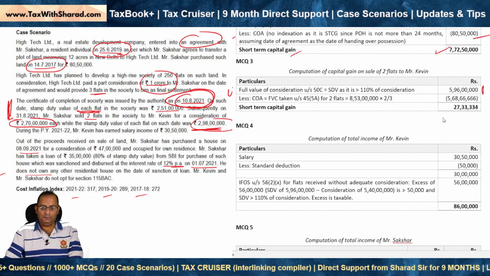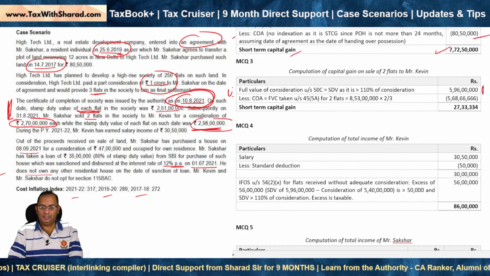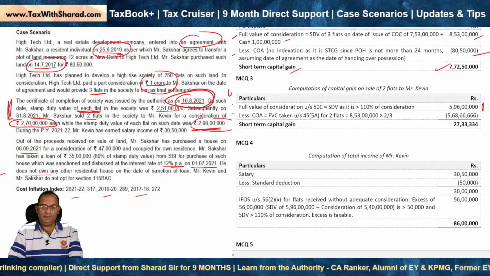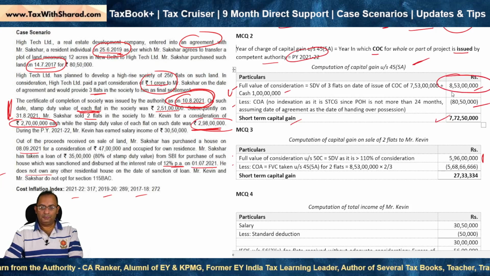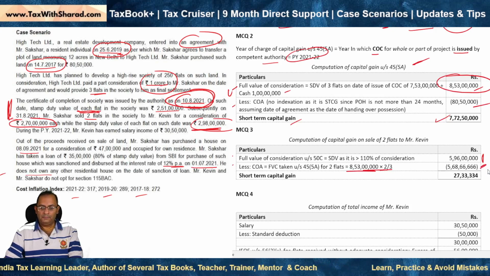So this becomes the full value of consideration, and the cost of acquisition is the full value of consideration taken under section 45(5)(a). Now the full value of consideration, if you look above, was 8 crore 53 lakh. Now this was for 3 flats, but since 2 flats have been sold, this multiplied by 2 divided by 3 will be this cost of acquisition, and short-term capital gain will arise because the transfer has taken place during the same previous year, 31st August 2021.